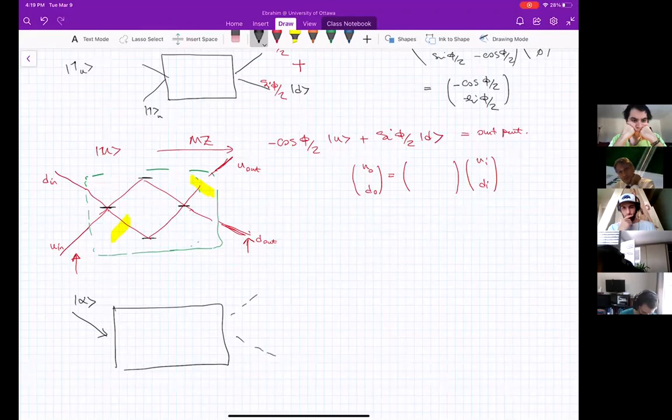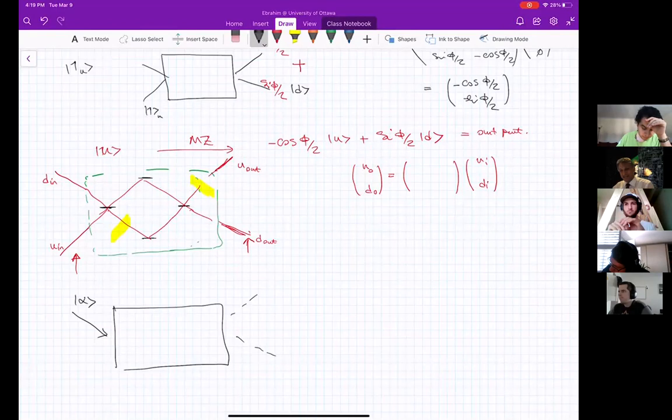Good. Do you want me to do it for the coherent state and ask you to do it for a thermal state or something else? I think Felix with the head is showing me yes, I have to do it for a coherent state, and then I will leave it to you for other cases. Okay, let's do that.